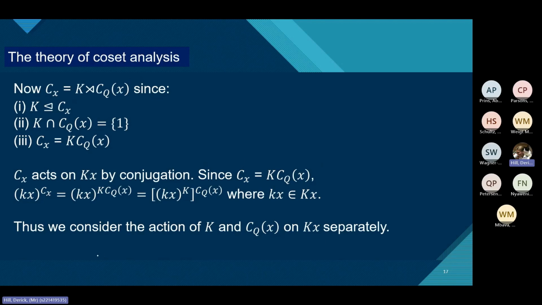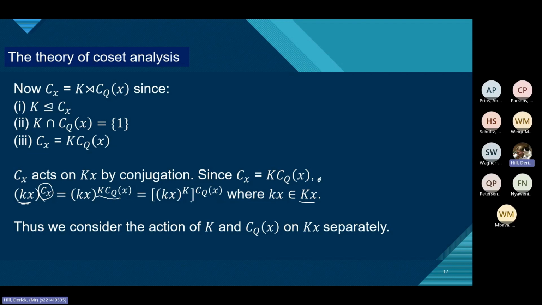So as mentioned before, we have that Cx acts on this coset Kx by conjugation. Since it is a semi-direct product, we can write Cx as K·CQ(x). So if we act Cx on an element in the coset Kx, that's the same as acting this K·CQ(x).